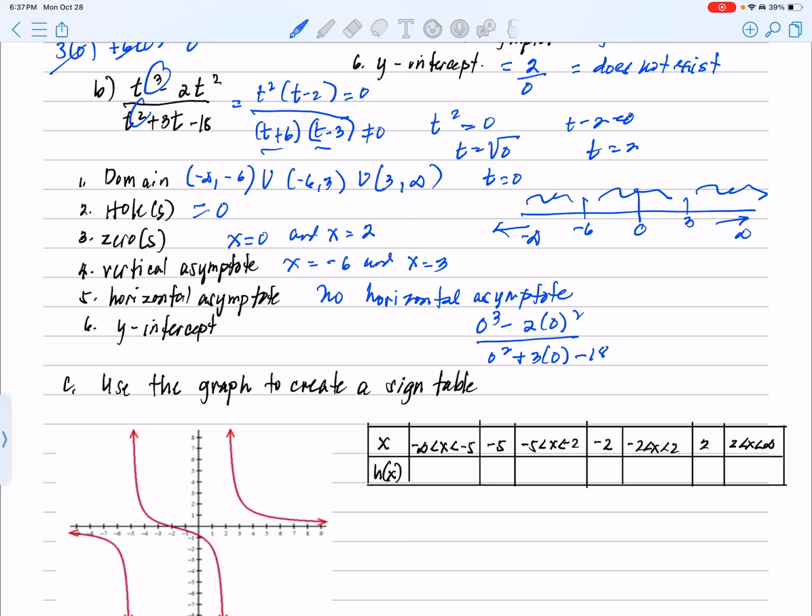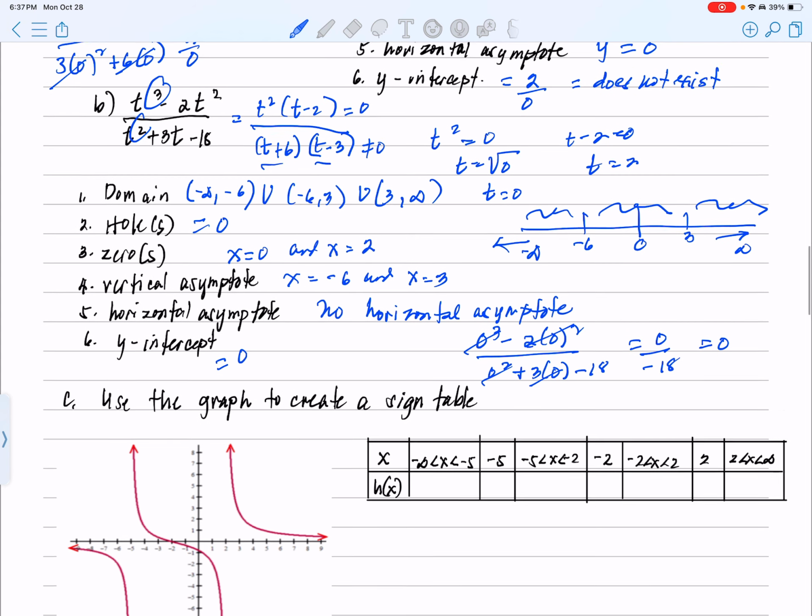The numerator cancels, so we have 0 over negative 18, which is 0. That means our y-intercept is 0. I think we answered everything.